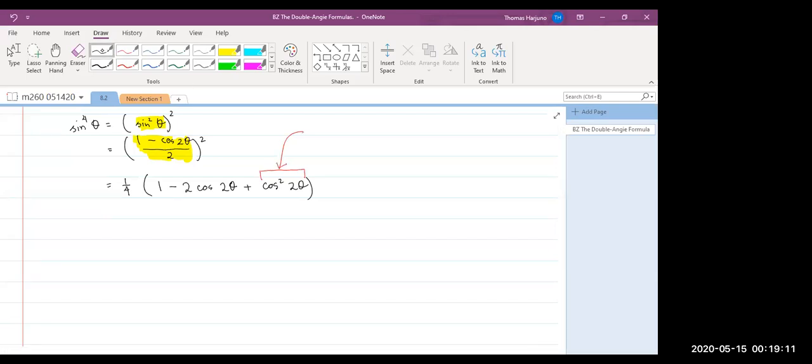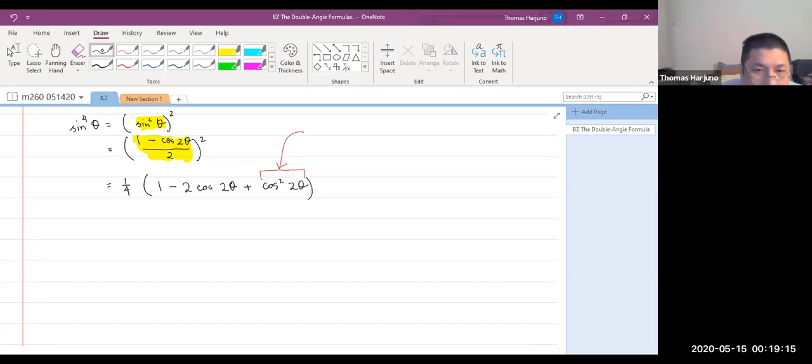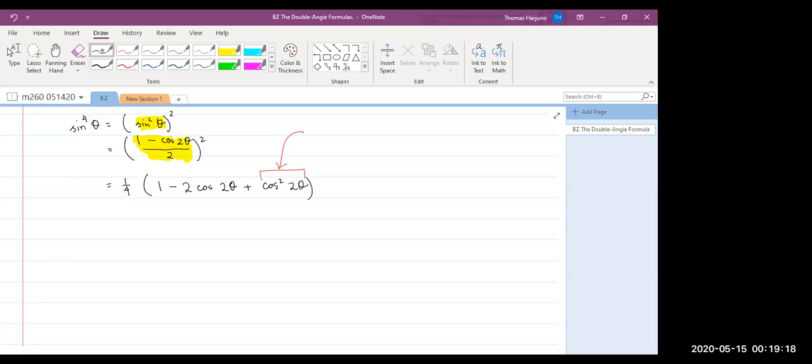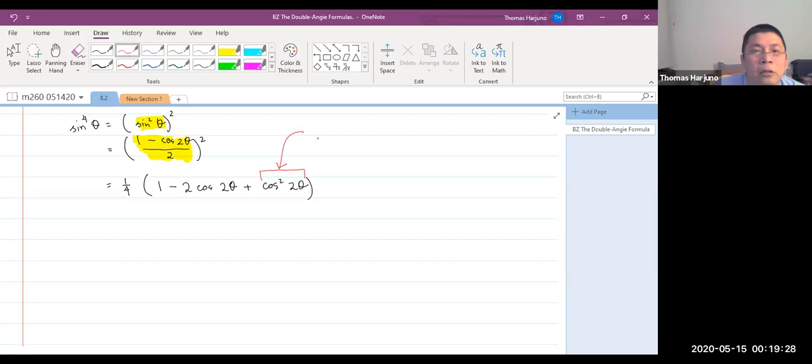Can we write it as cosine power 2 minus 1? Oh wait, no, never mind. I just realized the question. Yes, I want to do power reduction again on this cosine squared.